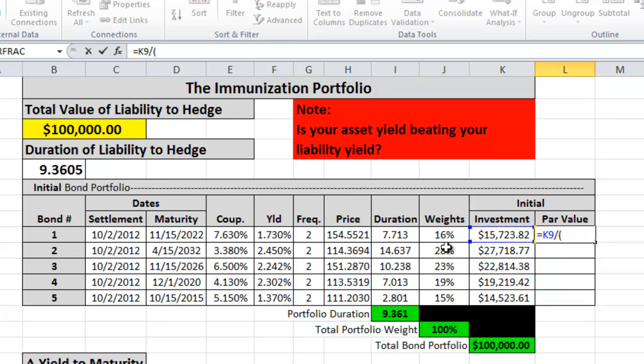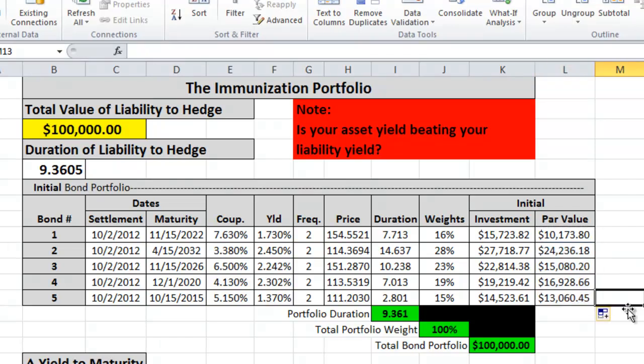In order to get percentage of par value, just take your price and divide it by 100. So that simple formula, investment divided by percentage of par value, will tell you how much par value you're actually getting. Whoops, didn't mean to slide it all the way down. So that's how much actual par value we're getting.